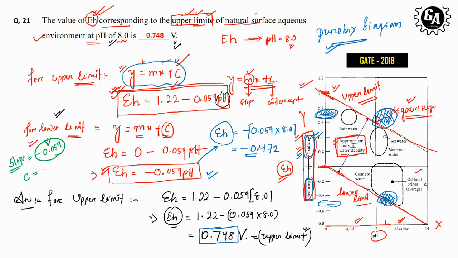For the lower limit the intercept is 0, and for the upper limit the intercept is 1.22. So always remember whether it is asking for the upper or the lower limit. I think this much description is sufficient for this type of question and related numericals also.